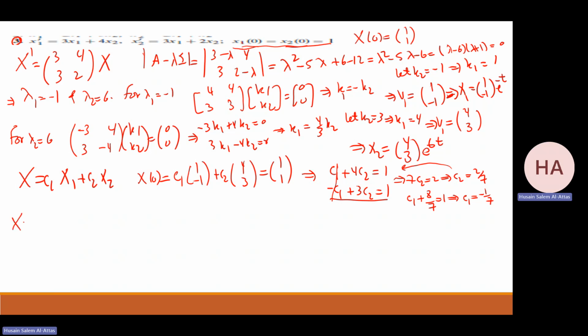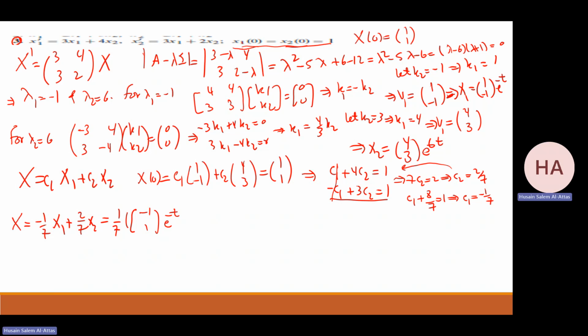So X will be minus 1 over 7 X1 plus 2 over 7 X2. Take 1 over 7 as common factor. I have minus 1 times X1. What is X1? Minus 1 times this, so it will be minus 1, 1, e to the minus t.